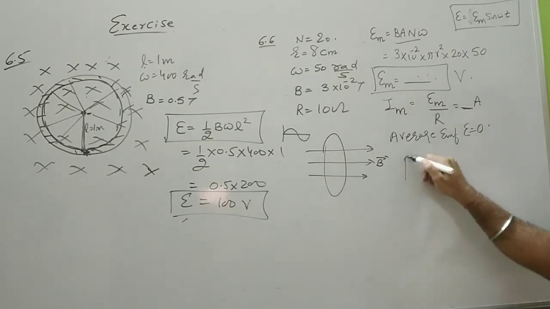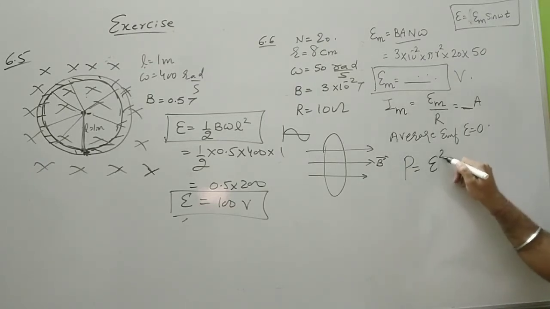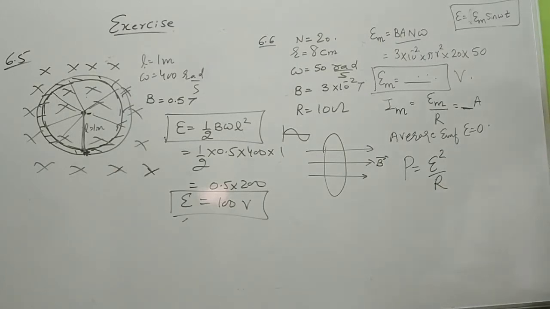First we write the power formula, P is equal to E square upon R, or you can say I square R also, but we know the formula for E. So this is equal to Em square sine square omega t divided by R. So we substitute this.